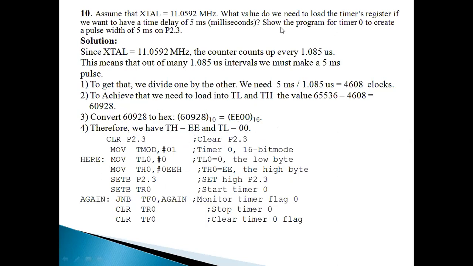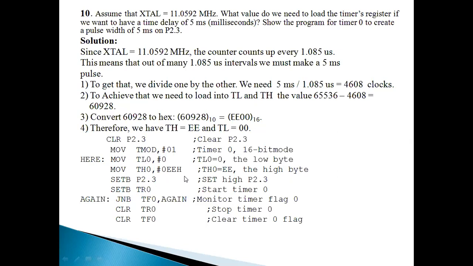In the question they have mentioned: show the program for timer 0 to create a pulse width of 5 milliseconds on P2.3. So first step is clear P2.3. Then you have to select timer 0 and 16-bit mode programming. Therefore, MOV TMOD, #01. Next, in the loop, MOV TL0, #0, MOV TH0, #0EEH.